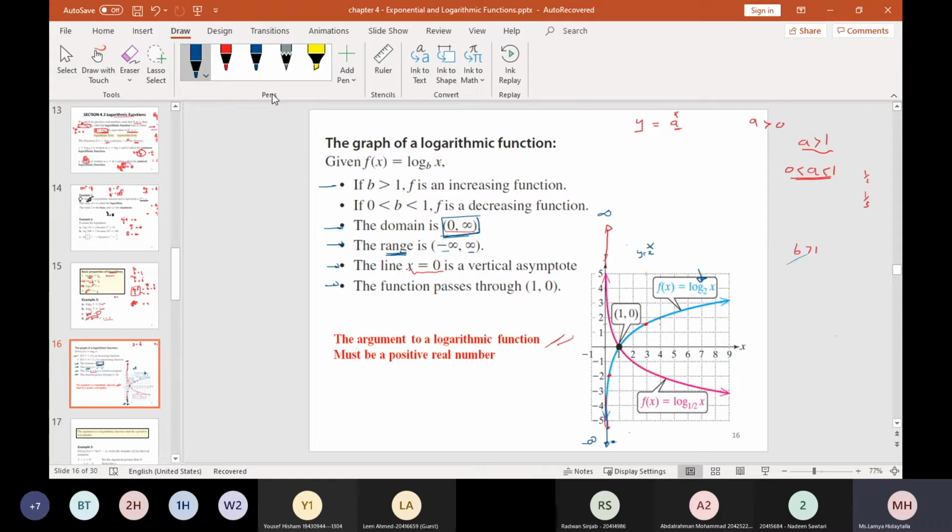طيب now, if the x value is between 0 and 1, لاحظ القيم من هنا وهنا. What about the y value؟ لو كانت ال x that I'm going to substitute with here كانت a value between 0 and 1, يعني مثلا I need logarithm of, let's say, half to the base 2.